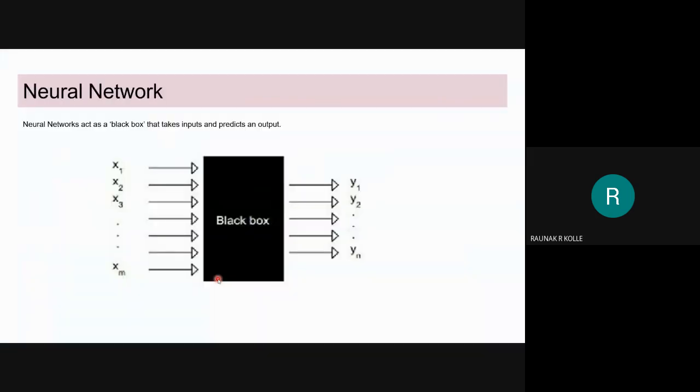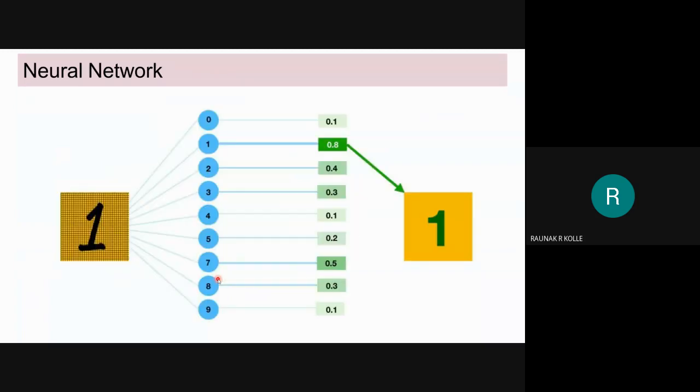The neural network acts as a black box that takes an input and predicts an output. Here we can see that a handwritten number is categorized and then the machine reads it as the number one.